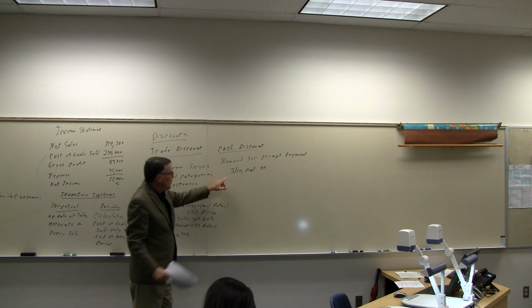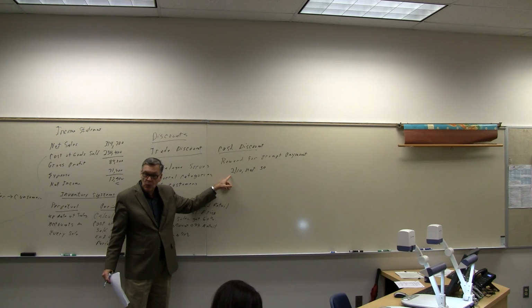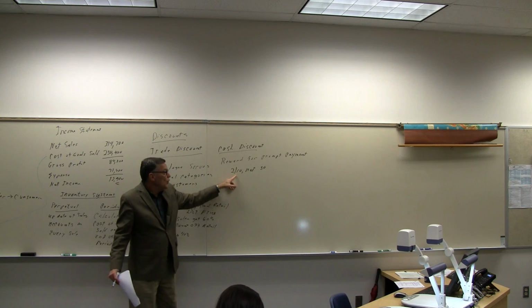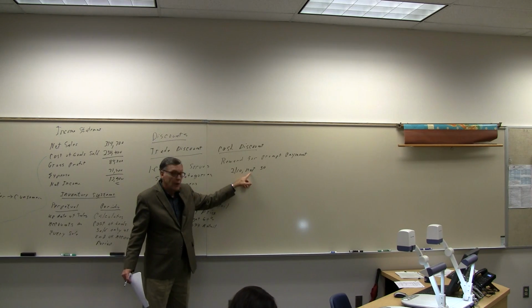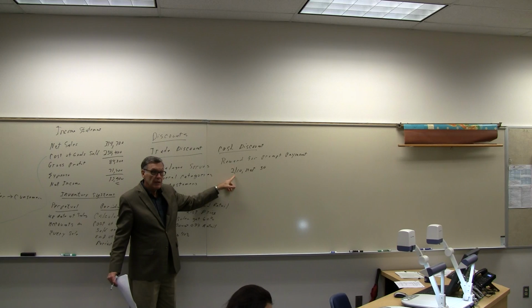What this means is, if your wholesaler offered you this, you'll get a 2% discount if you pay your bill within 10 days of the date of the invoice, right? Or you can choose to keep it an additional 20 days, but it's due 30 days after the invoice, right? But if you pay it within that first 10 days, you get a 2% discount.